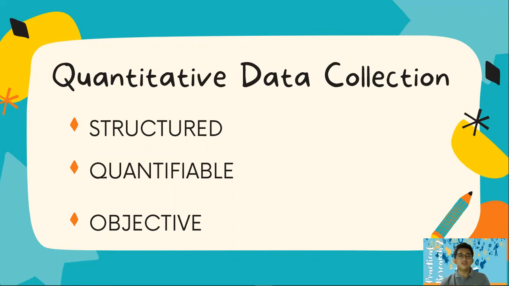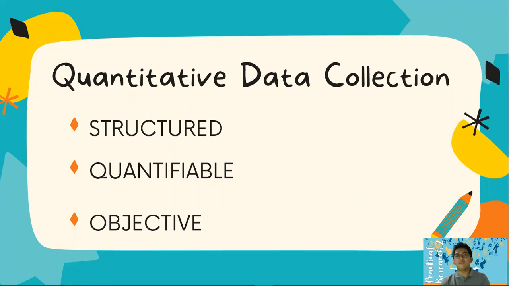This means that the data we are going to collect is gathered in an objective manner. That's why in quantitative research, the researcher is just the observer and we do not immerse ourselves in the research itself.